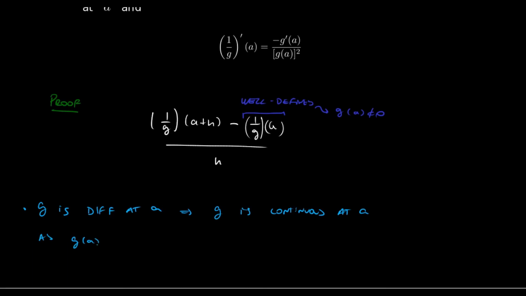As g of a was different to 0, then because it is continuous, we know that there exists a delta greater than 0, such that if the absolute value of h is smaller than delta, then g of a plus h is different to 0.